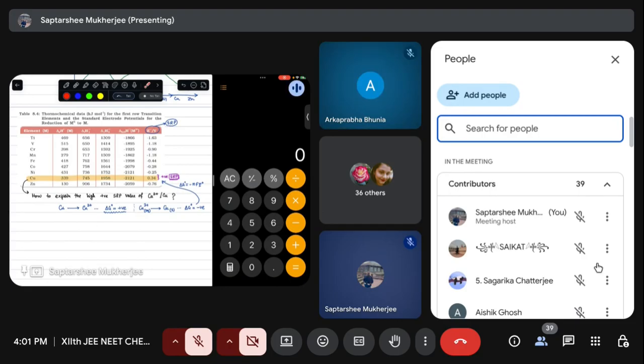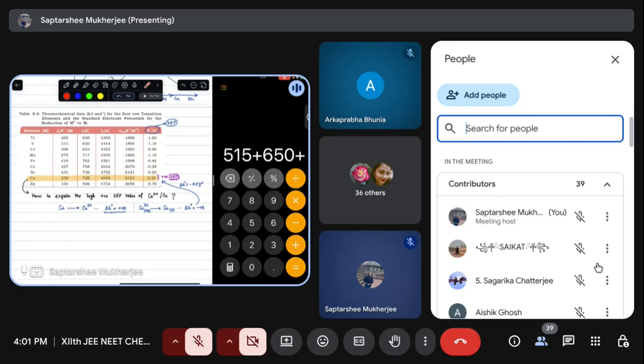For example, let's say titanium, just randomly: 515 plus 650 plus 1414, and now it is minus 1895. Sir, it is also coming positive only.